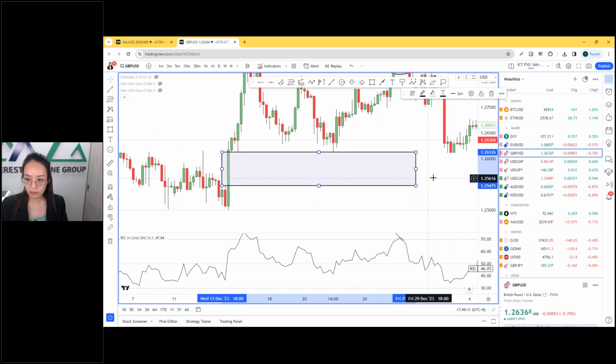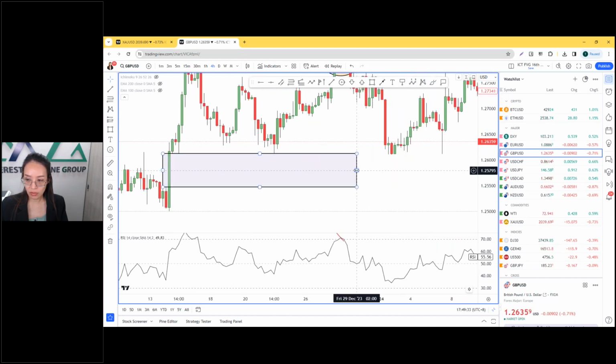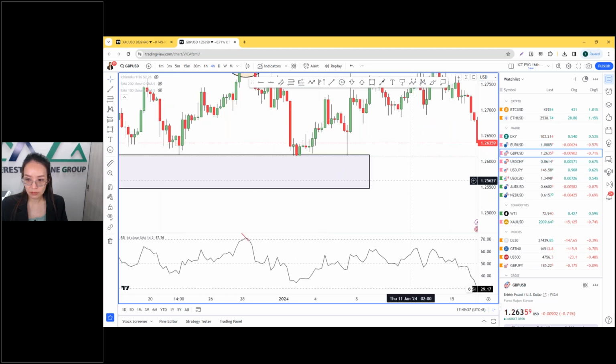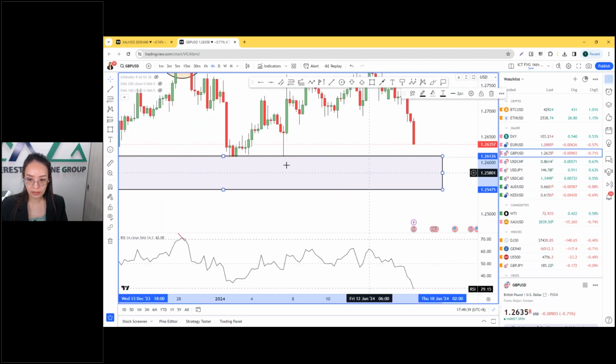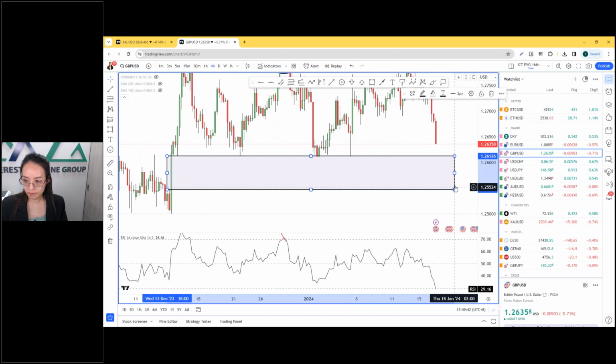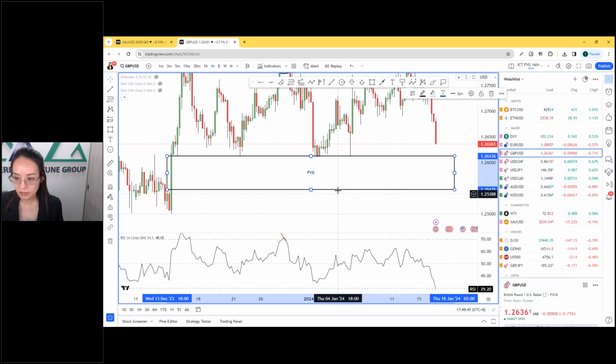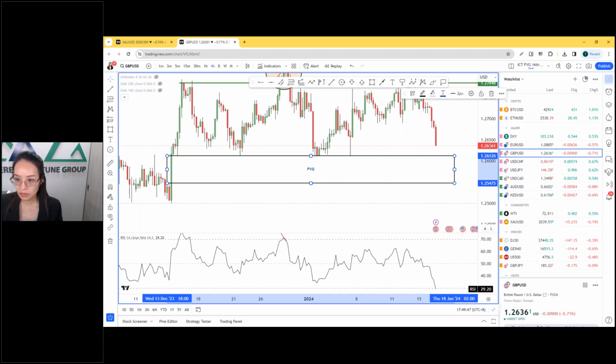So this is a fair value gap. If you draw around here, you can see the price almost comes to the zone, the gap here, right? Then price might fill the fair value gap here. This is one example.